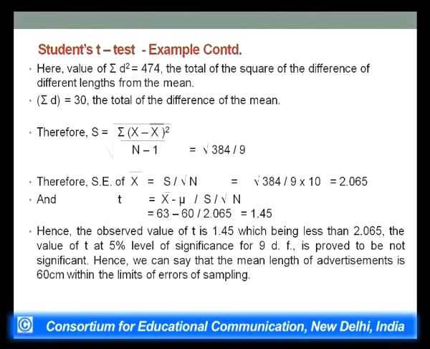Nowadays most people are using software where data is fed to the computer, and then the computer itself works it out using all these formulas, calculation, multiplication, and then works out the value, that is the observed value.